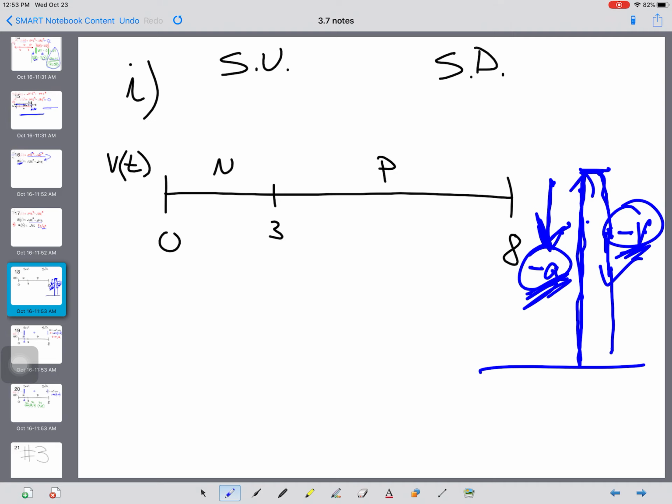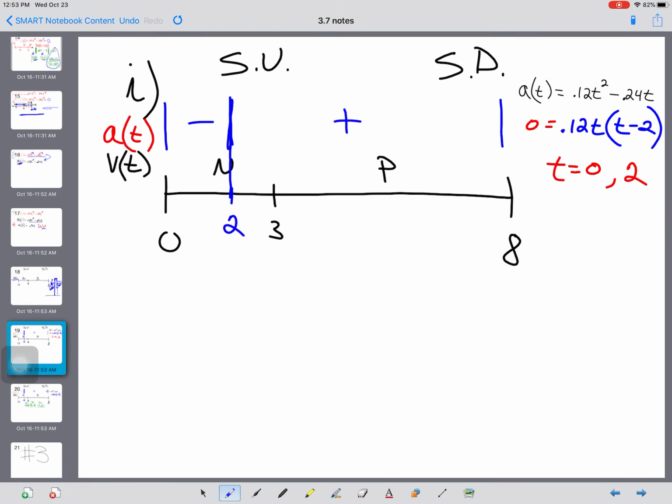So here's what I know about the velocity. From 0 to 3 seconds, the velocity was negative, and from 3 to 8 seconds, the velocity was positive. Let me now compare that to what's going on with the acceleration. I took the acceleration equation and found where it equals 0. I find it's equal to 0 at time 0 and at time 2.